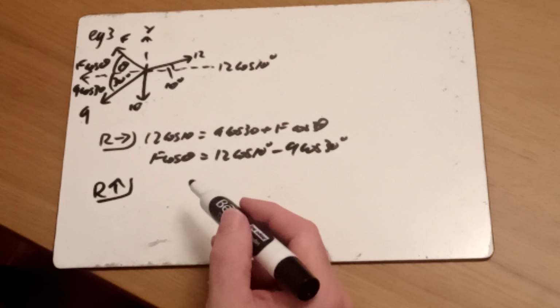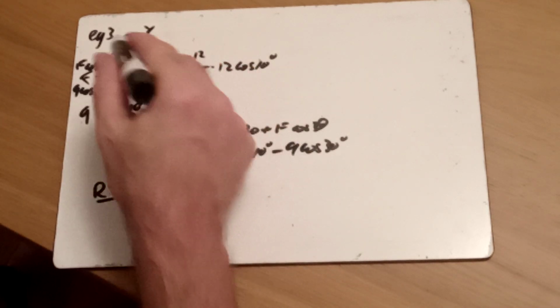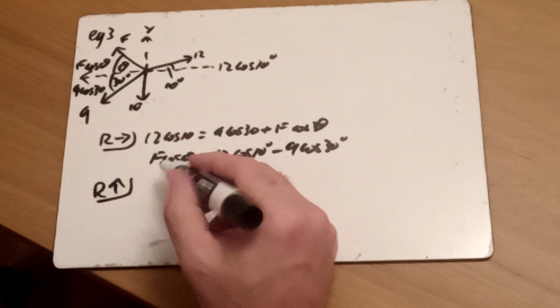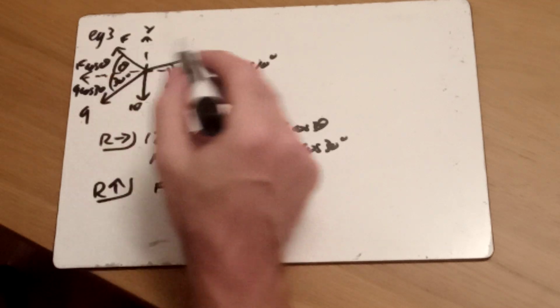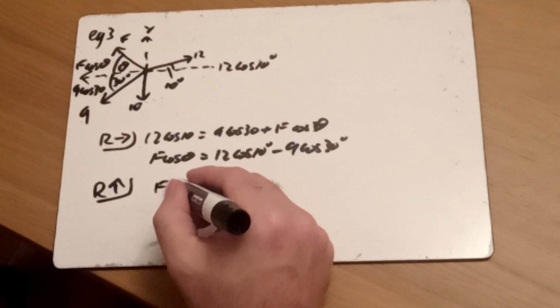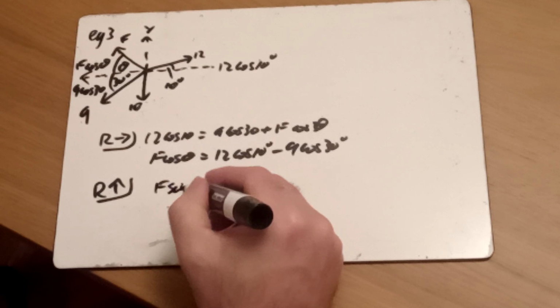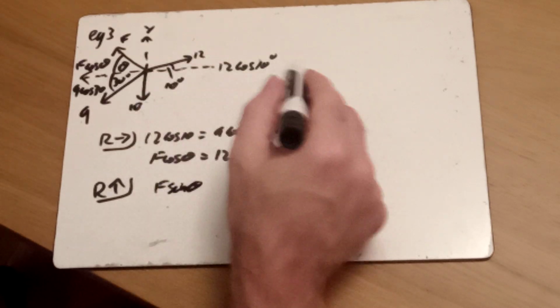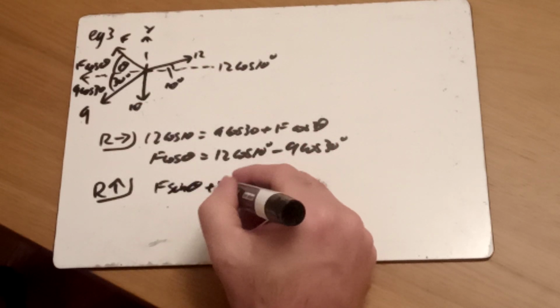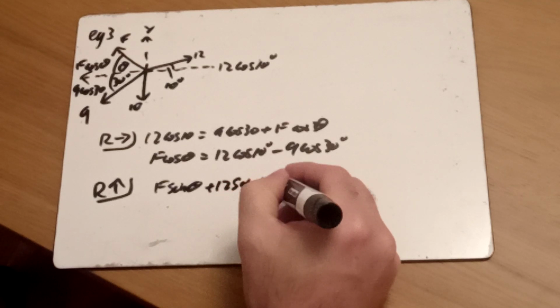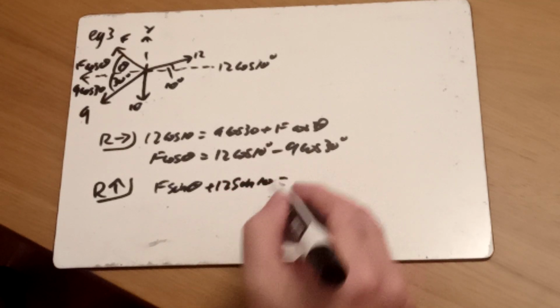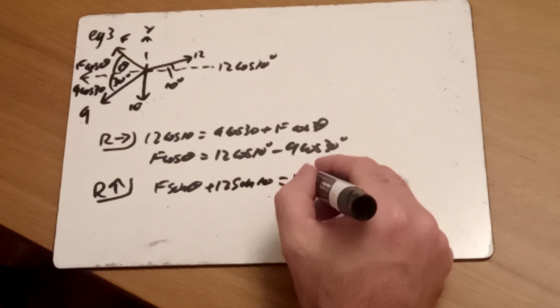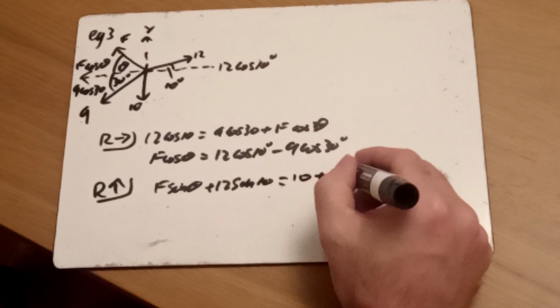Everything's got components going up or down, so the two upwards are the F and the 12. Well, F. If that way is F cos theta, this is F sine theta. Similarly, if horizontally is 12 cos 10, this is 12 sine 10. Vertically, I've got the 10 Newton force, and then the component of the 9.